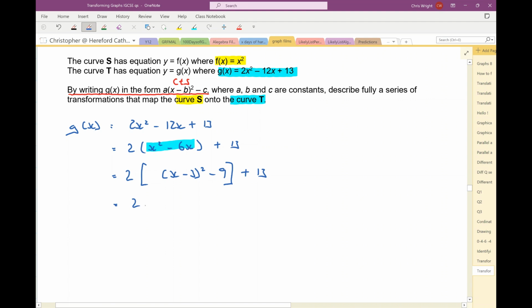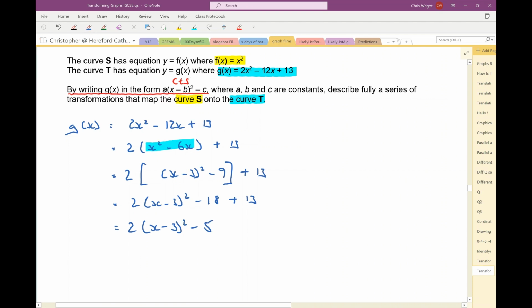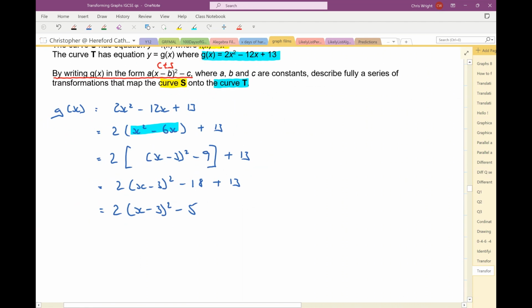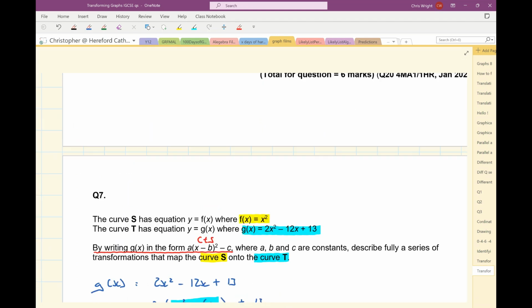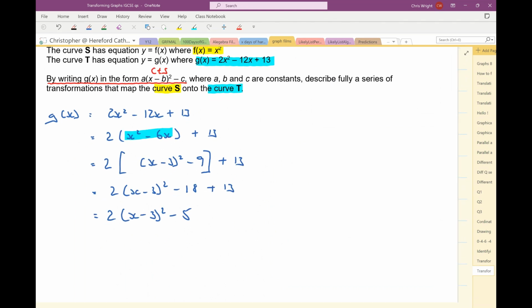Multiply out the square bracket. Minus 18 plus 13, so I get 2 lots of x minus 3 squared minus 5. So it asks me to write g of x in the form a lots of x minus b squared minus c, and I've done that where a, b, and c are constants.